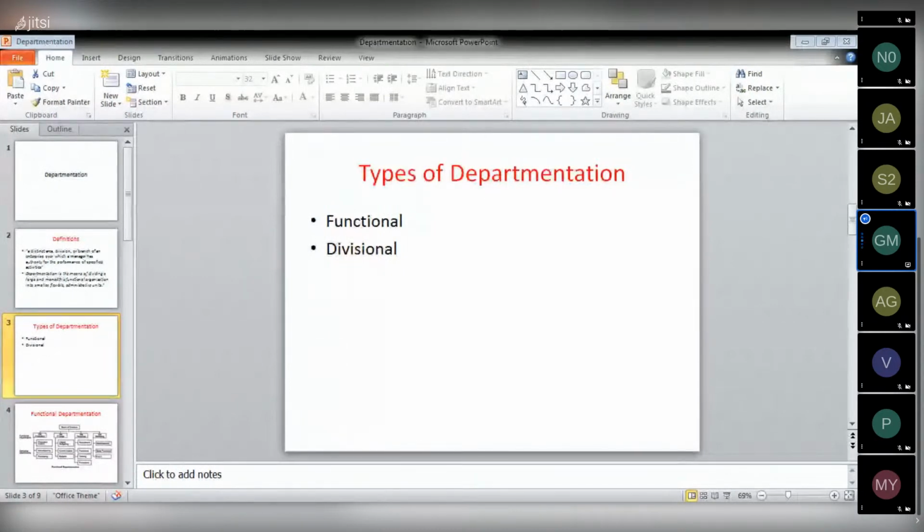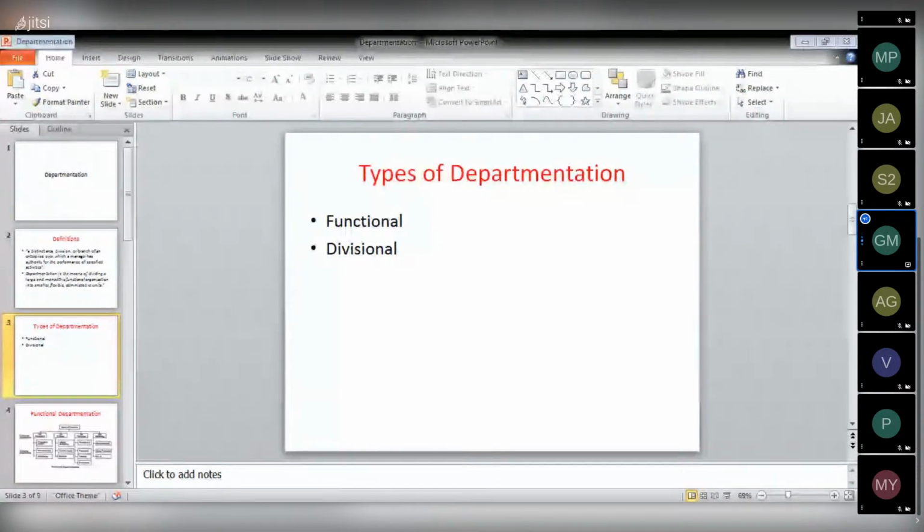And another one, if you observe, especially in functional departmentation, the grouping of jobs and resources within the company is in such a way that the employees who perform the same or similar activities are in the same department.